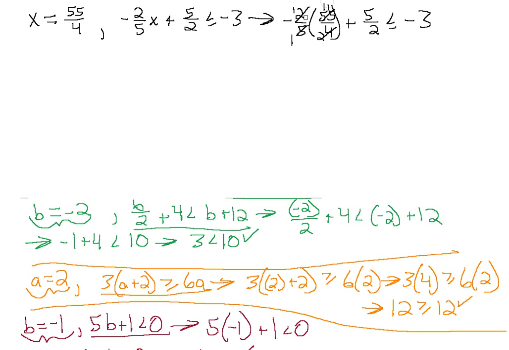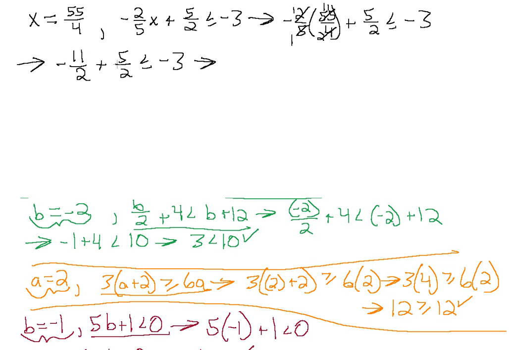Sorry, this is getting a little messy. We multiply this out. A negative and a positive gives us a negative. 1 times 11 is 11, and on the bottom 1 times 2 is 2. That's minus 11 over 2, which is much easier to deal with. So we have plus 5 over 2 is less than or equal to minus 3.